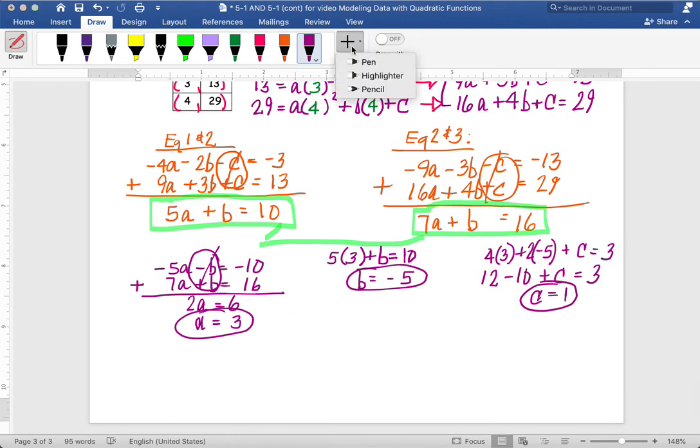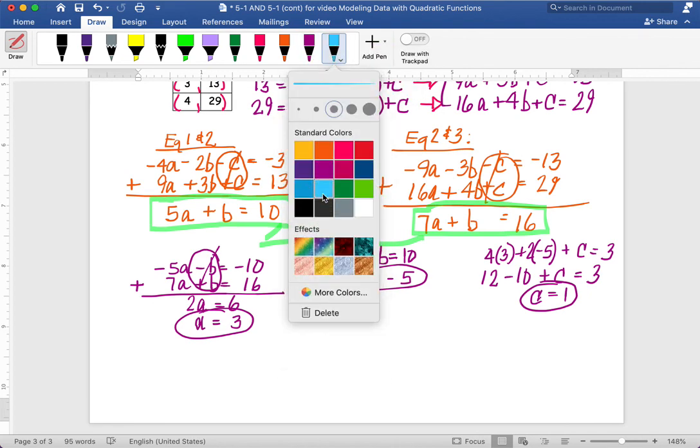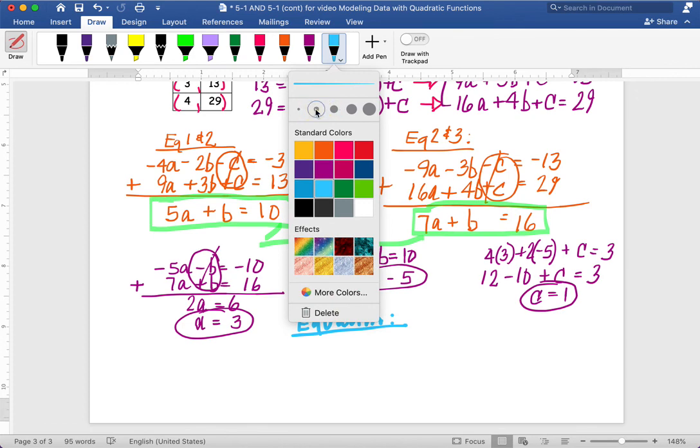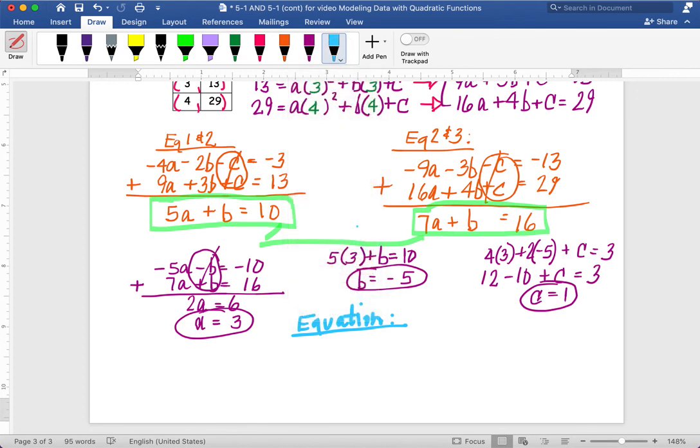We're going to write the equation. I don't like the way that looks. It's too thick. All right, so what is my equation? Well, I'm going to use this model: y equals ax squared plus bx plus c.